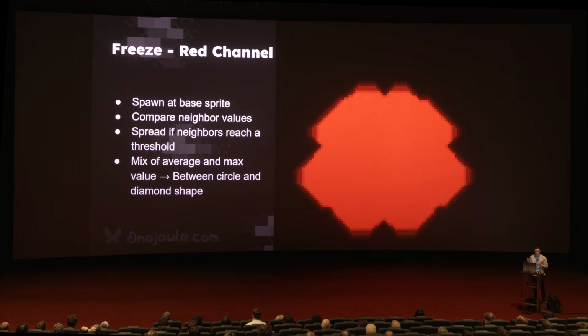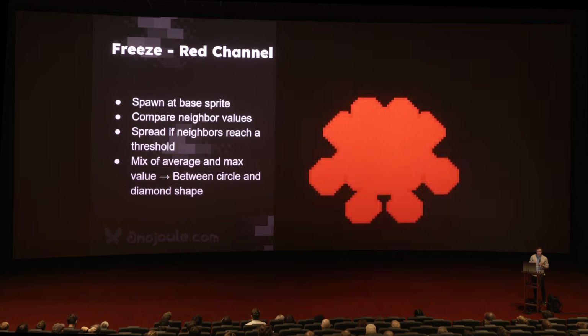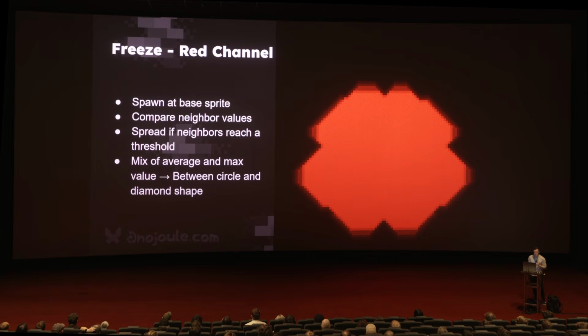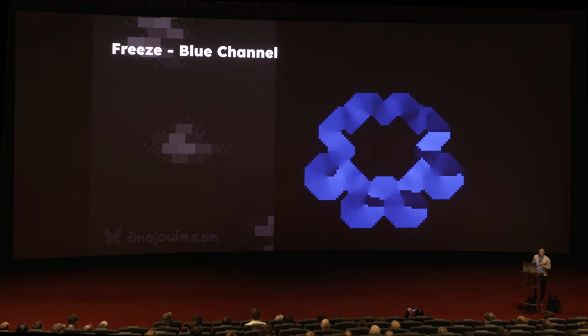It's a mix of an average and a maximum of these neighboring values, and it results in a shape that is between a circle or a diamond, so hexagonal maybe. And I feel like it looks nice for an ice. But this is a trial and error process, which I like to do with my shader effects. And yeah, it's basically the base shape of it.